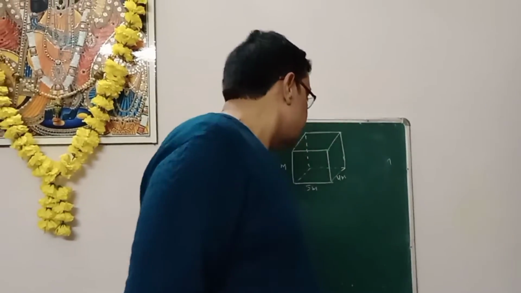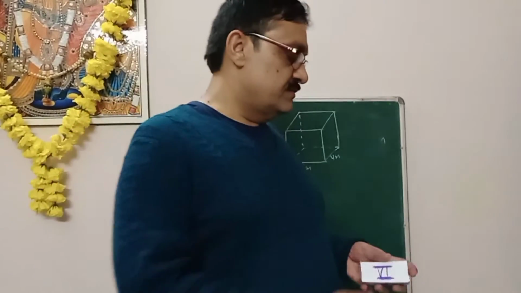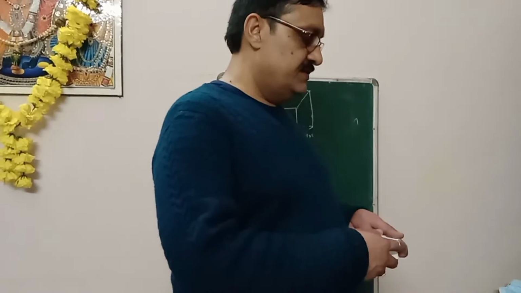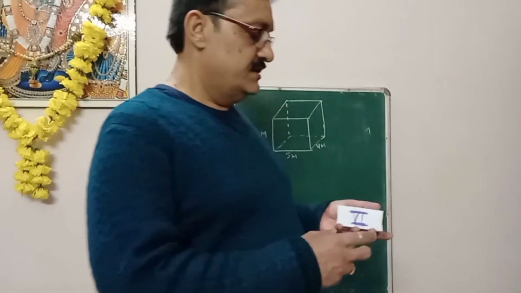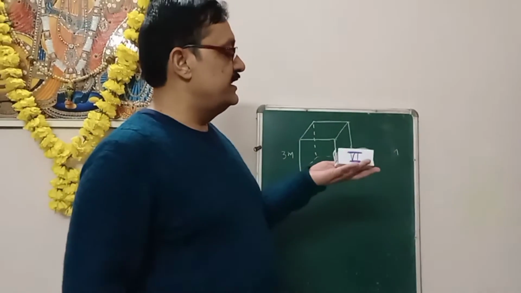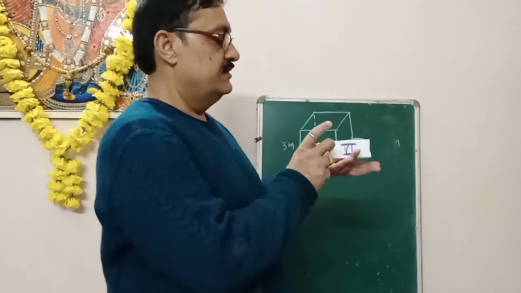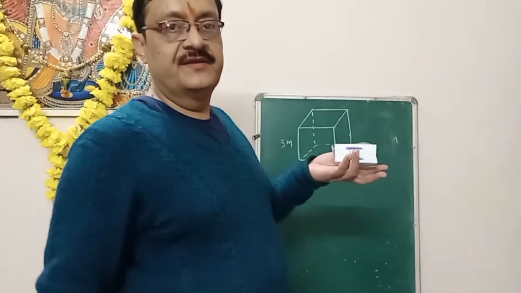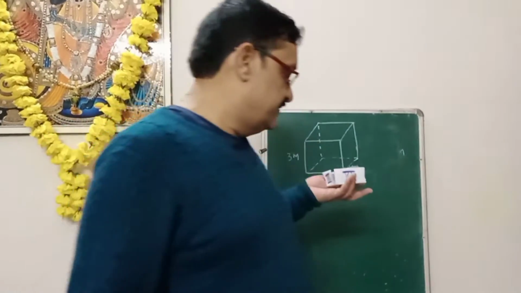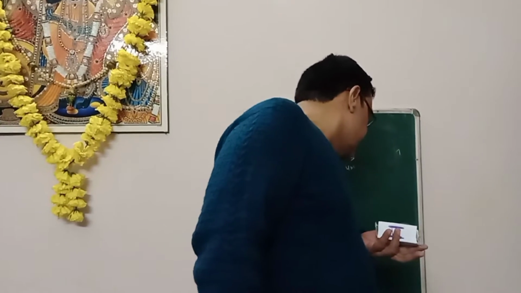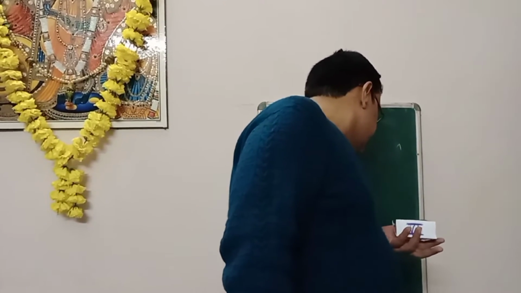In any such problem, we need to first visualize what is the question. This is the keyword, length. This length, breadth and height is given, because the length, breadth and height of a room.